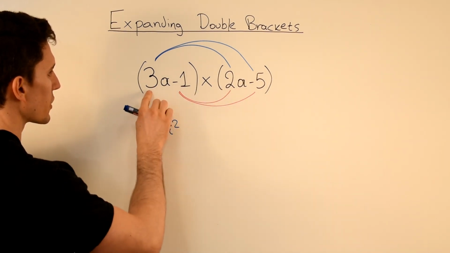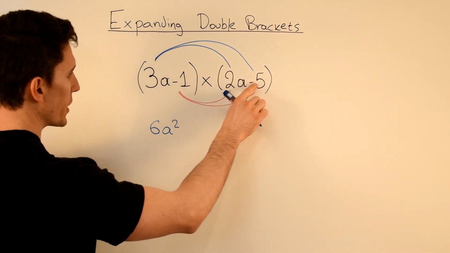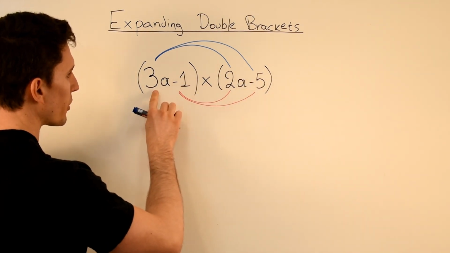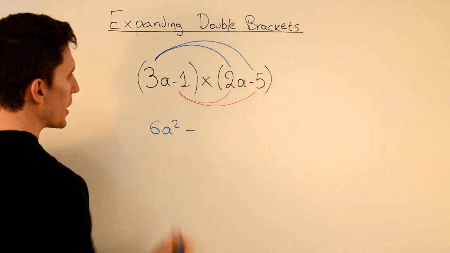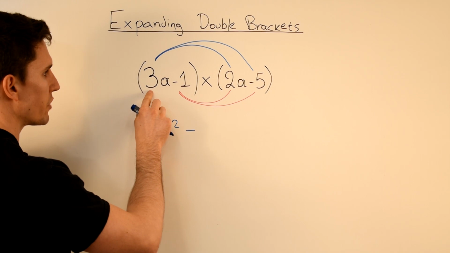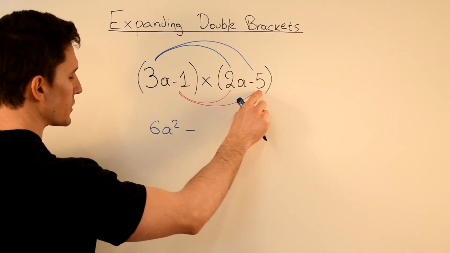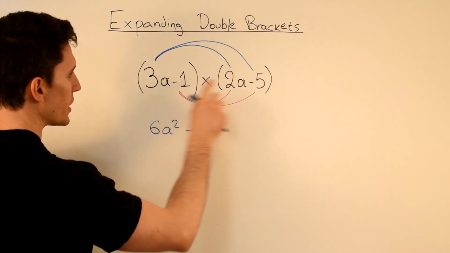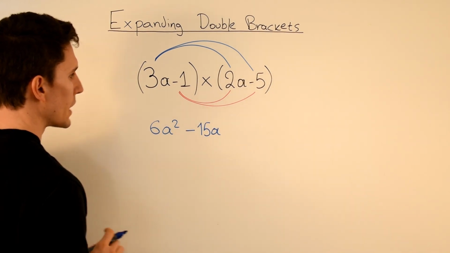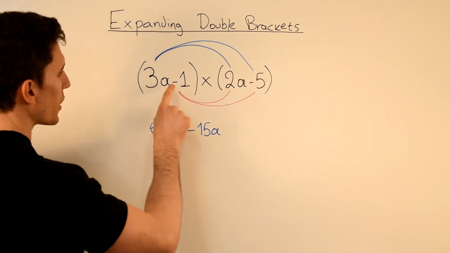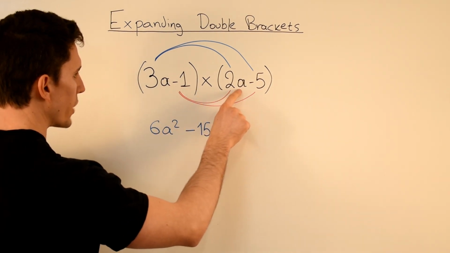Let's continue with 3a times minus 5. So this is a positive times a negative, so the answer will be negative. Now let's have a look at the numbers. 3 times 5 is 15. So 3a times 5 will be 15a. Now let's continue with multiplying minus 1 by 2a.